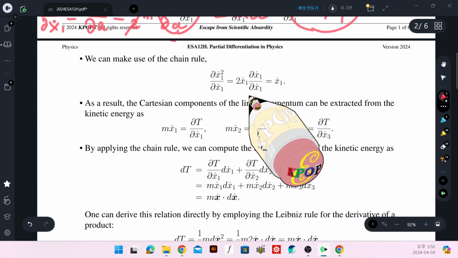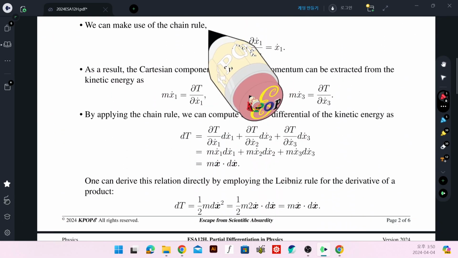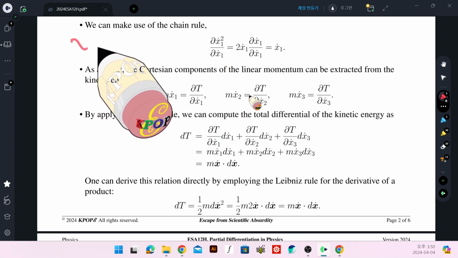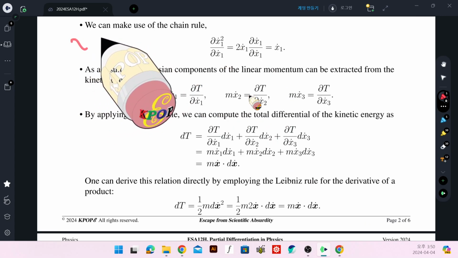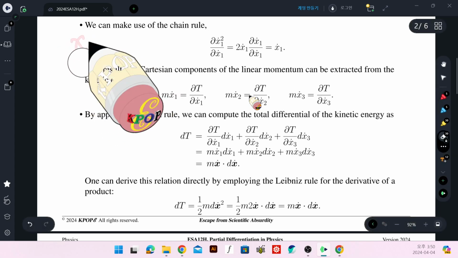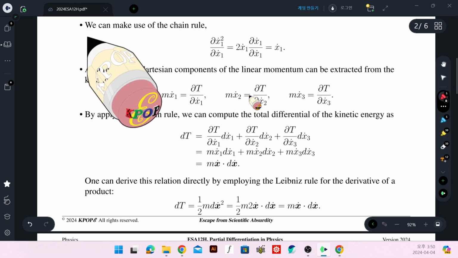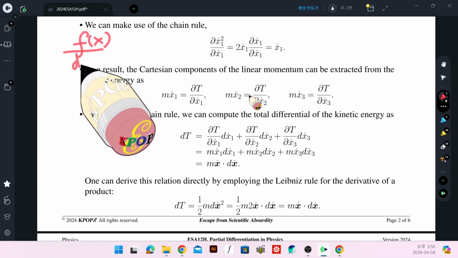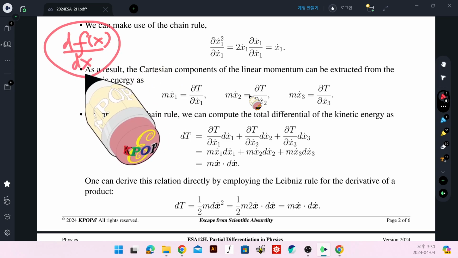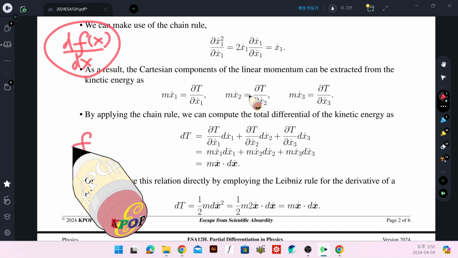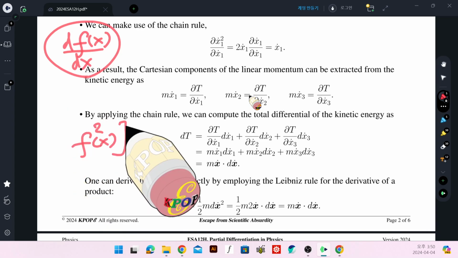So we can make use of the chain rule. What we have done is a chain rule. If I have a function of x, f of x, and I know the derivative of this, what happens to the derivative of f squared of x?